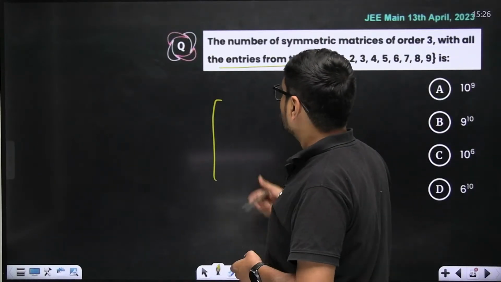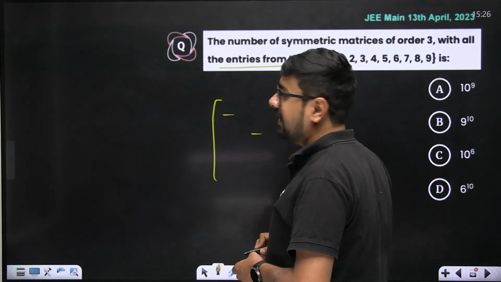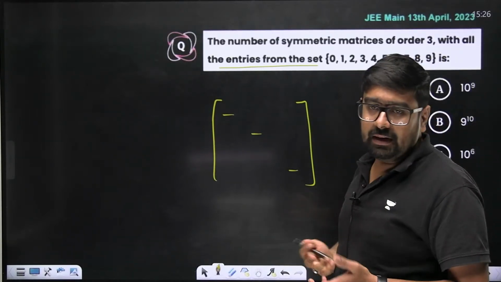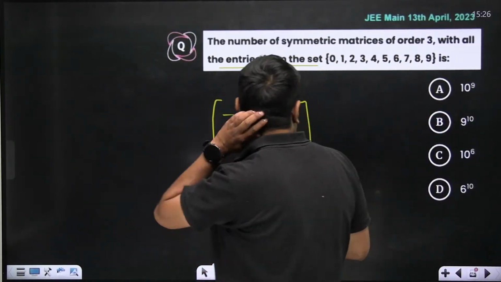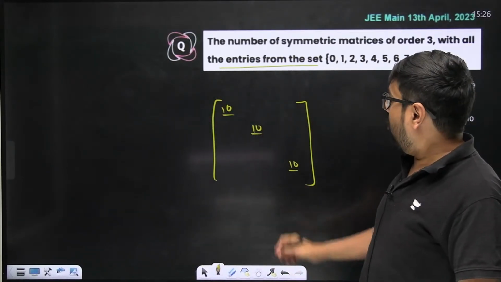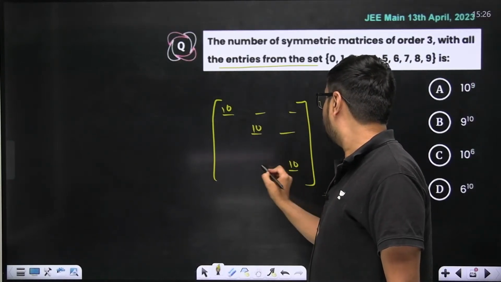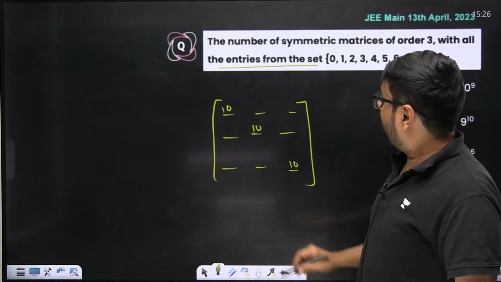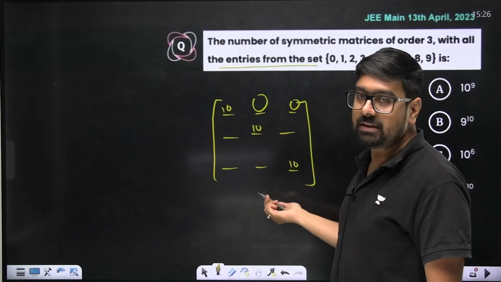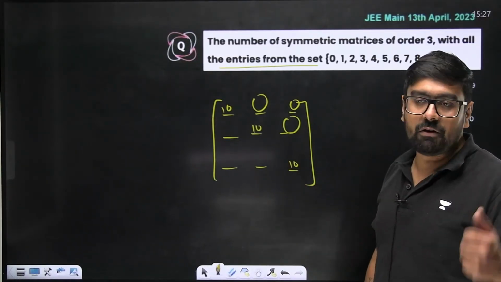So what is a symmetric matrix? The diagonal can take any of the values, all the 10 values. So 10 options for this, 10 options for this, 10 options for this. For the off-diagonal entries, whatever comes here will be here also, then only we can make a symmetric matrix.